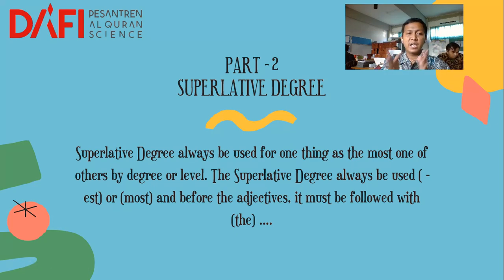I speak in bahasa, di belakang kata sifat harus didasarkan dengan est. So I speak English: please always use est if you have an adjective that is not more than two syllables.